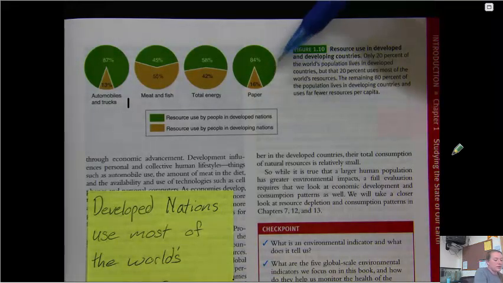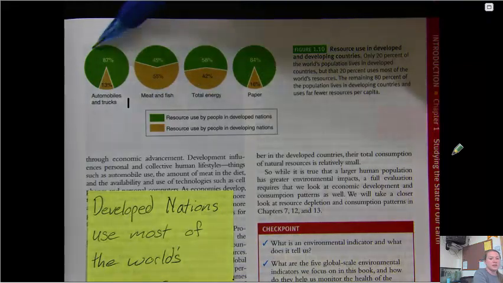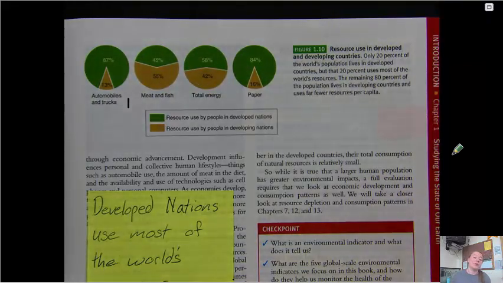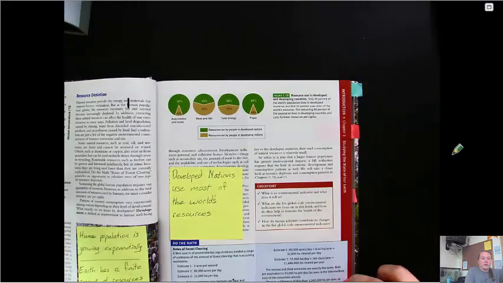Paper: in the developed nations we use a lot, developing only a little. Automobiles and trucks: in a developed nation, most people own or have access to an automobile. In a developing nation, not so much. All right, so moving onward.